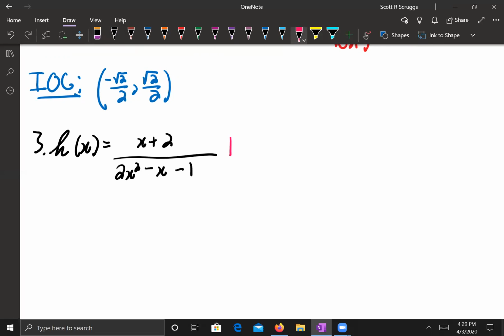For that, I'll give y'all a hint: use PFD. The reason I say that is I want to rewrite it into a form similar to 1 over 1 minus x. With a denominator of 2x squared minus x minus 1, I can't really see it in that form, but I claim that we can get there with a partial fraction decomposition. So my hint is to use PFD in order to get that.